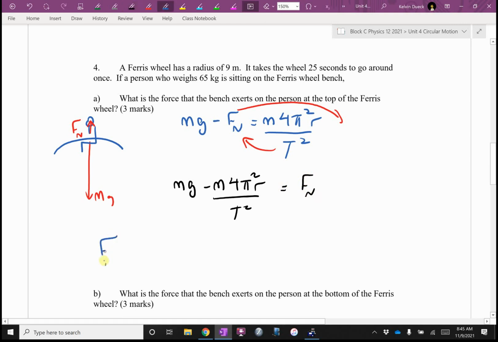So if I plug in numbers, the normal force is going to be 65 times 9.8 minus 65 times 4 times pi squared times 9, all divided by 25 squared.